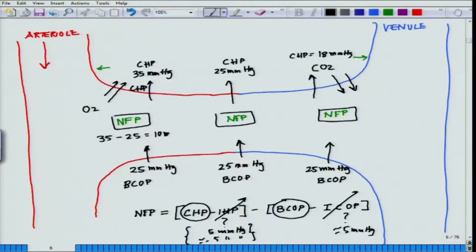This makes it 10 millimeter mercury. Whereas here, this is 25, this is 25, 25 minus 25, it becomes 0. And here, capillary hydrostatic pressure is 18 minus 25, that makes it minus 7.